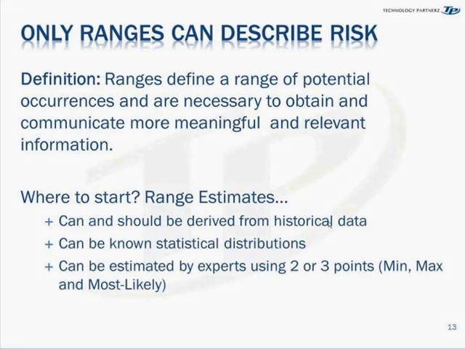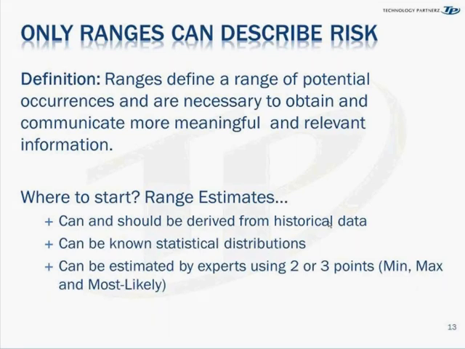And if someone said, well, it's between 2 and 4 weeks, but I think it's going to be more around 3.5, you know that naturally this guy is feeling more pessimistic about how it's going to unfold. So you have an understanding of the bias of the guy providing the estimate. So that's why ranges are kind of cool. And they give you a lot more information to work with using the same question, how long.